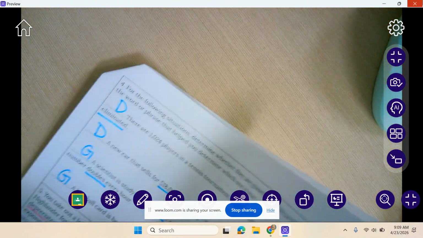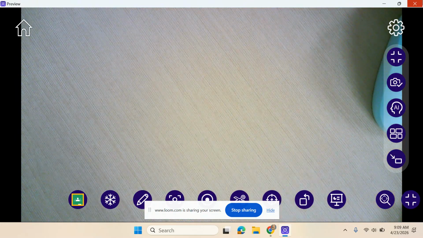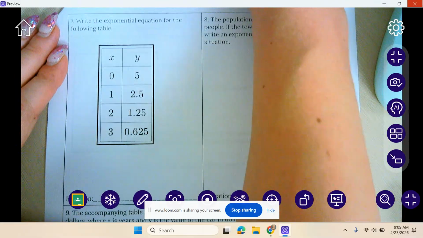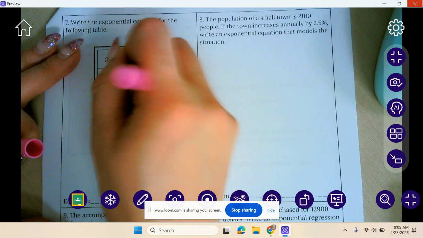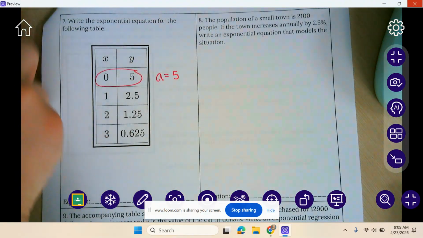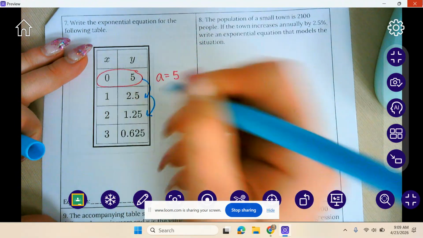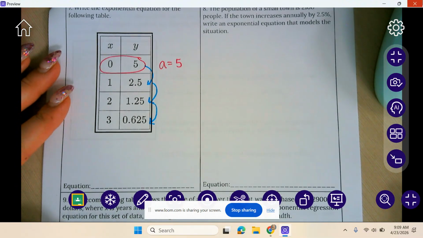All right, so let's go on to the third page. Our A is our y-intercept. If you look right here, my y-intercept is 5, so A is 5. Going from 5 to 2.5, and 2.5 to 1.25, and 1.25 to 0.625, that's dividing by 2.